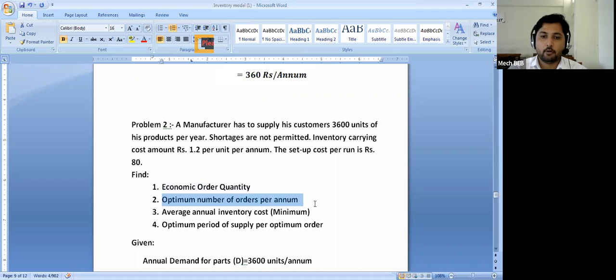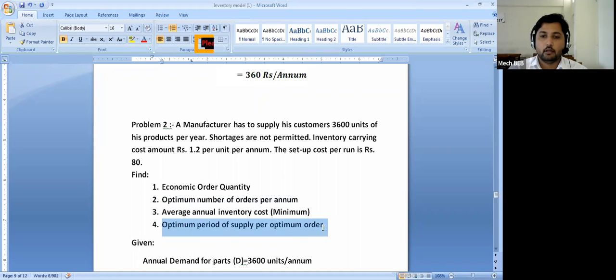Then the average annual inventory cost, which should be considered as minimum. The total cost we need to determine will be denoted as T suffix CM.